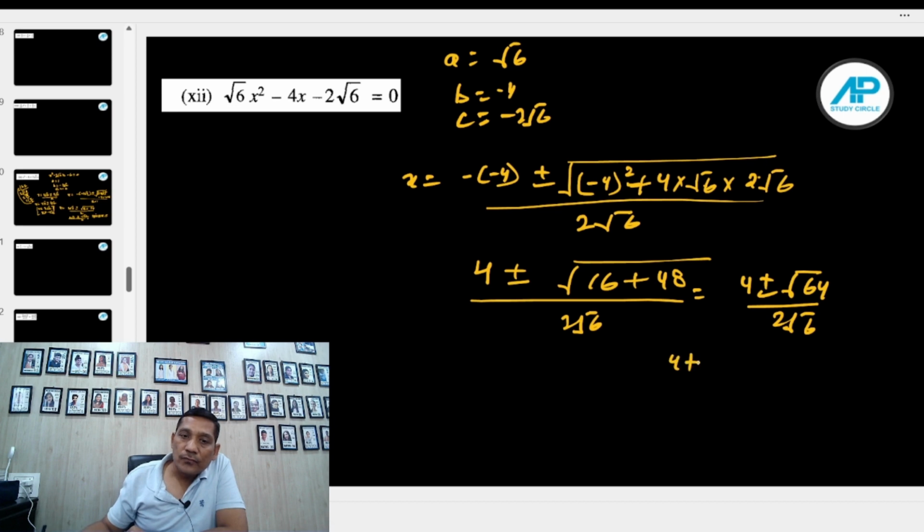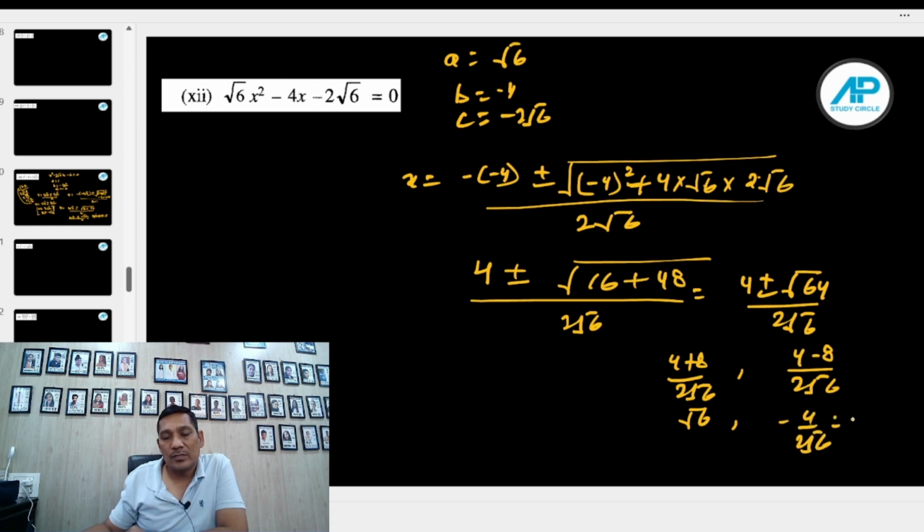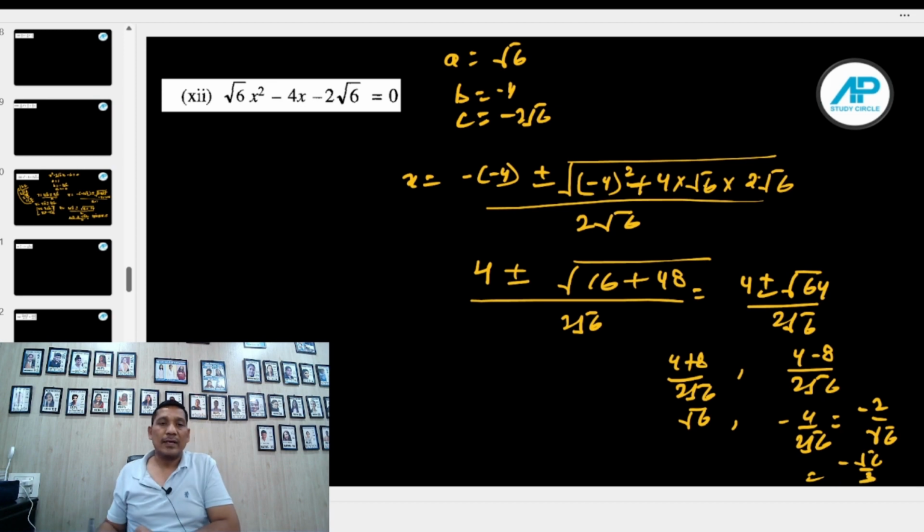It is 4 plus 8 upon 2 root 6, 4 minus 8 upon 2 root 6. 12 upon root 6, 6 upon root 6 is root 6. It is minus 4 upon 2 root 6. You can solve it further. So minus 2 upon root 6, or it will give you root 6 upon root 6. You got root 6 and minus root 6 by 3.